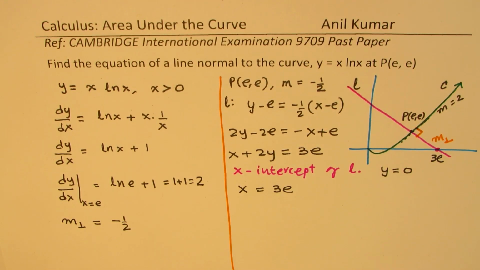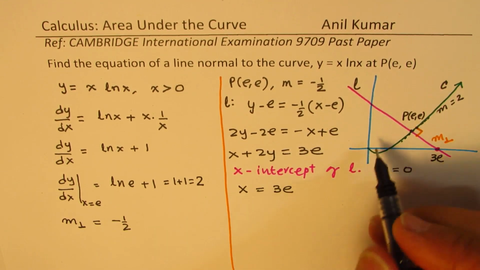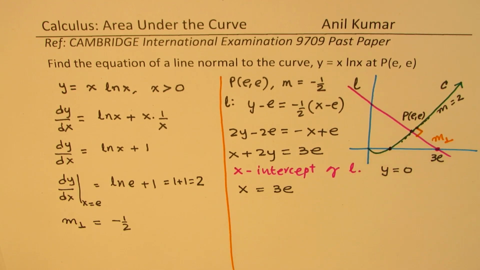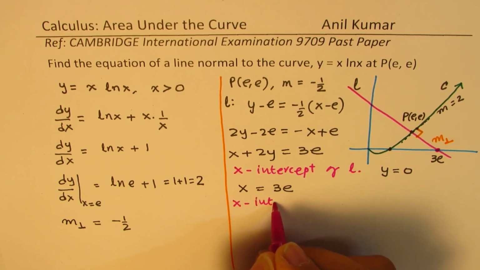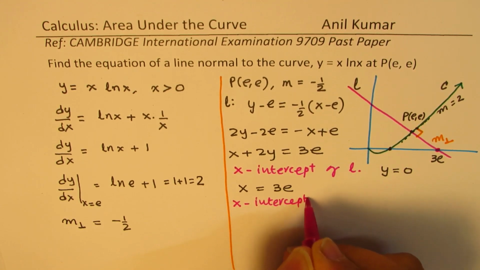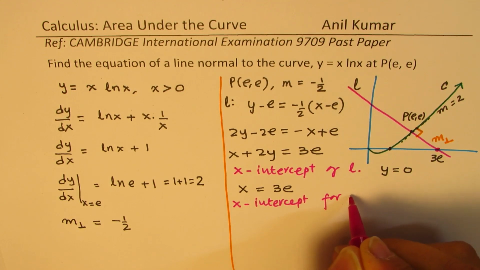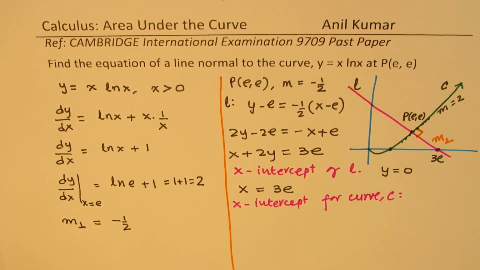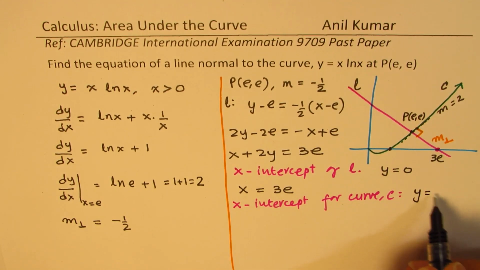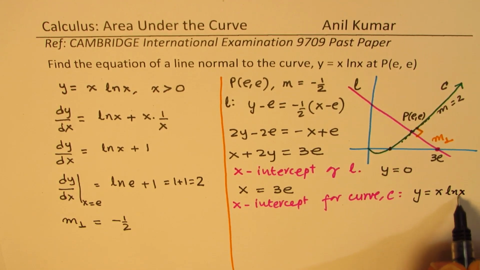All right, okay. Let's also define and find this particular point, so we'll find the x-intercept for curve C, which is given by the equation y equals x ln x, right?